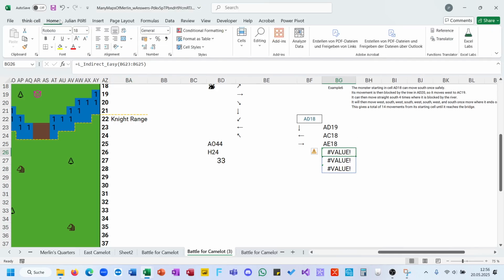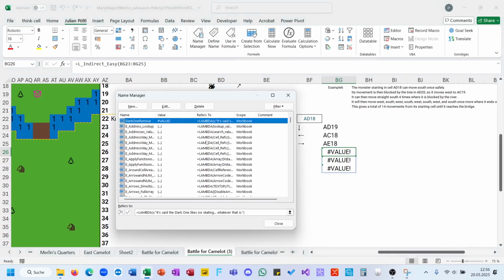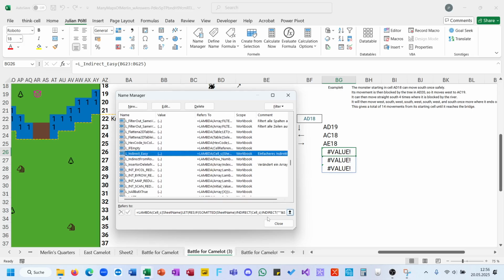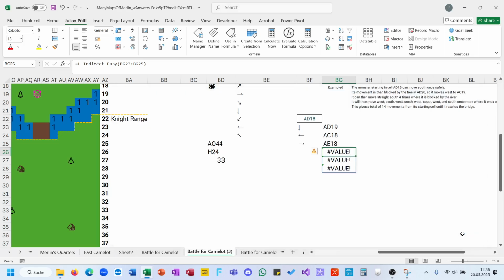Is a robot active? No, it's not. Indirect easy. Oh. Okay, I need here something to spill this. Something like a map. Okay, it is on the list.